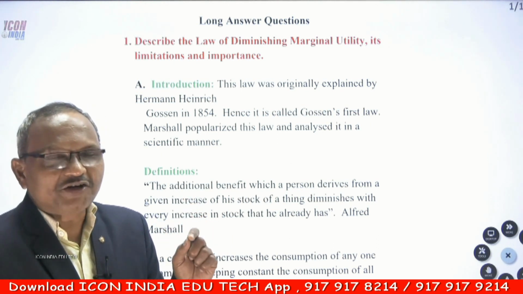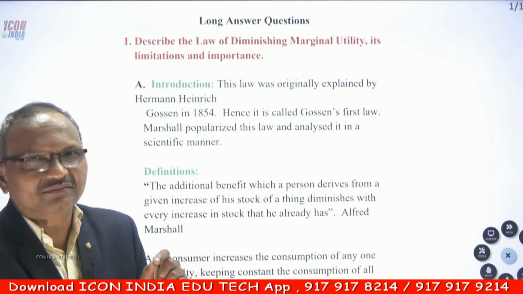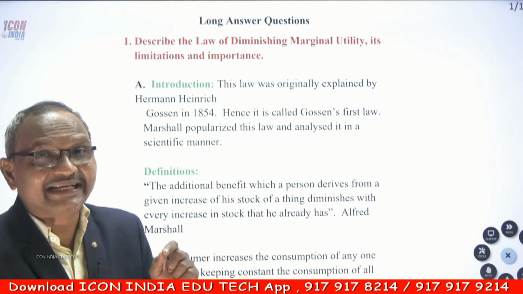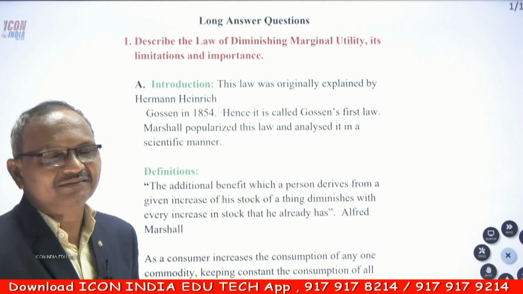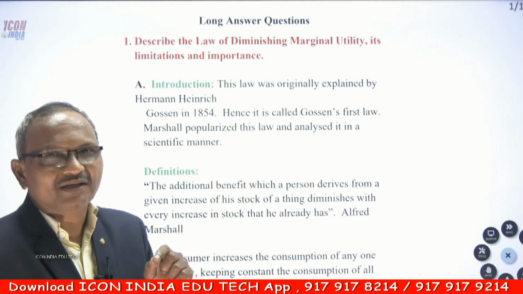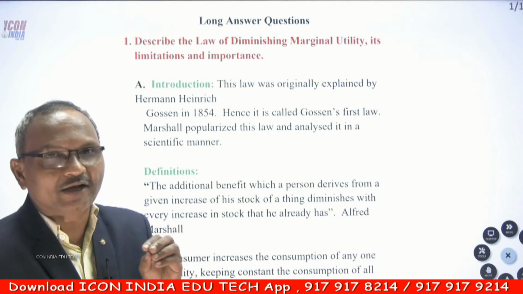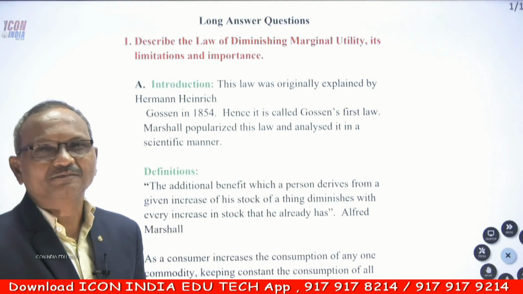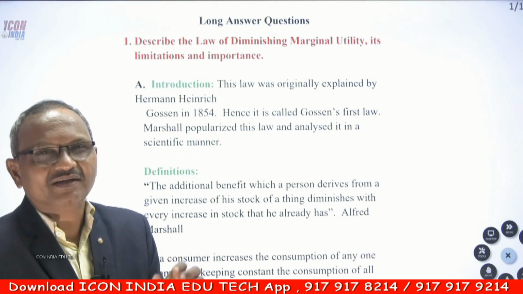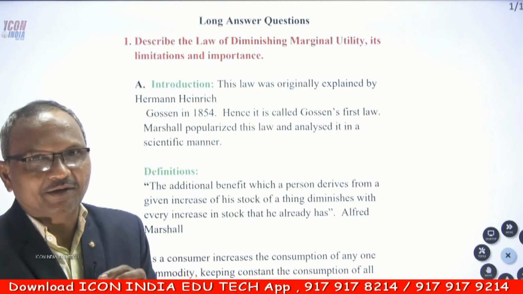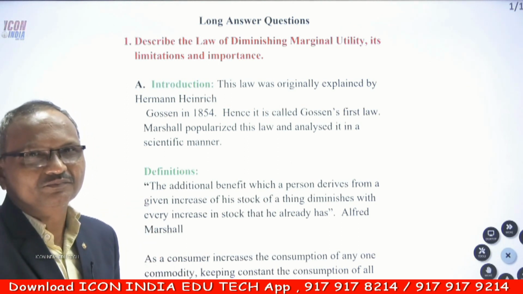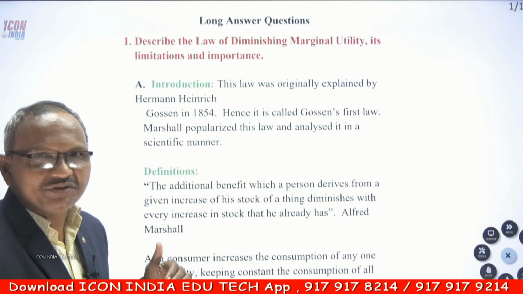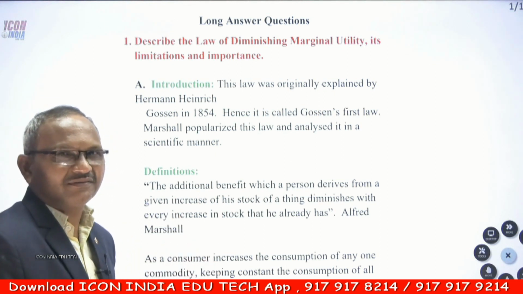And Marshall explained this law in a systematic manner in the book Principles of Economics. I repeat the book name, Principles of Economics. Okay, this is about the introduction part.